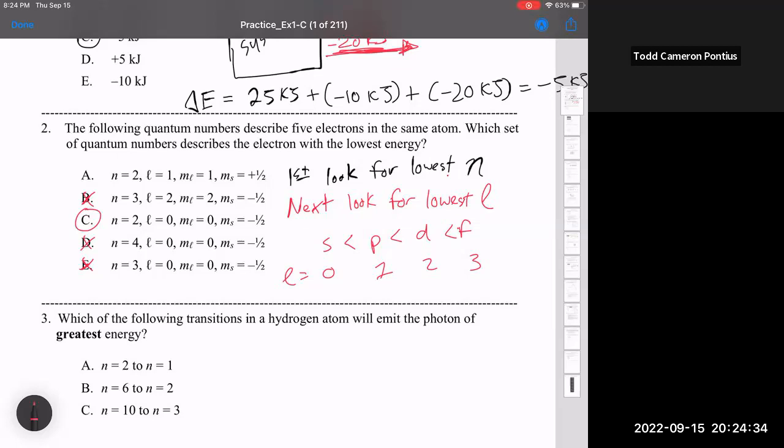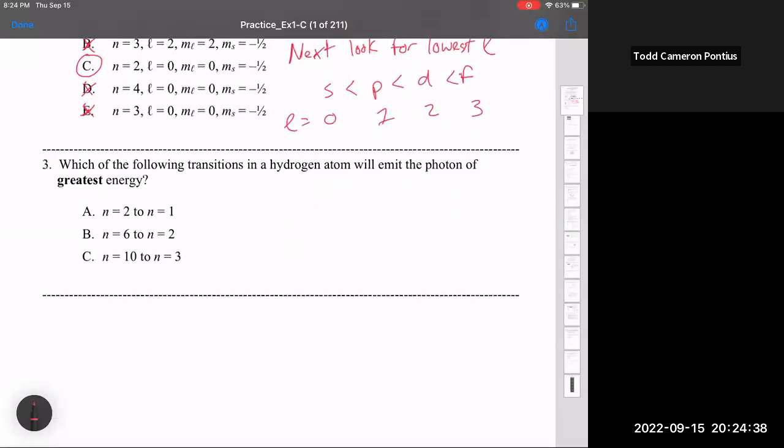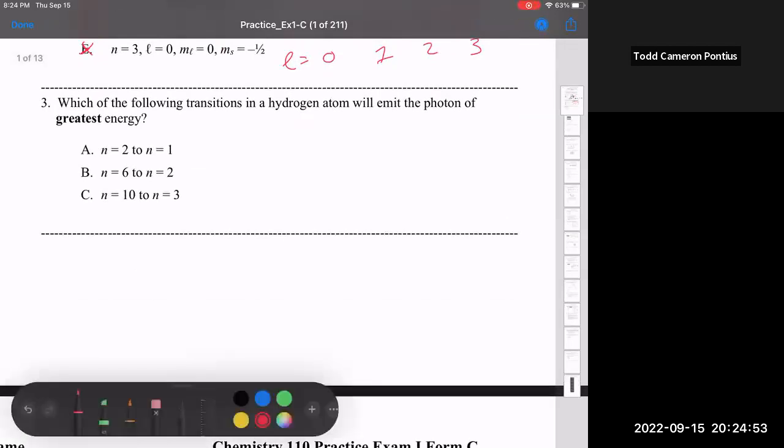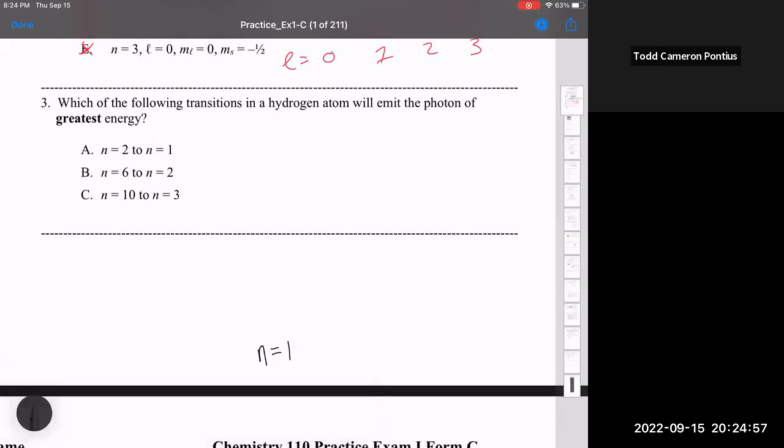Okay. All right. Up next, which of the following transitions in a hydrogen atom will emit a photon of the greatest energy? To do a problem like this, I like to draw a little diagram. The diagram looks a little something like this. We have our n equals 1 state is the lowest energy state.